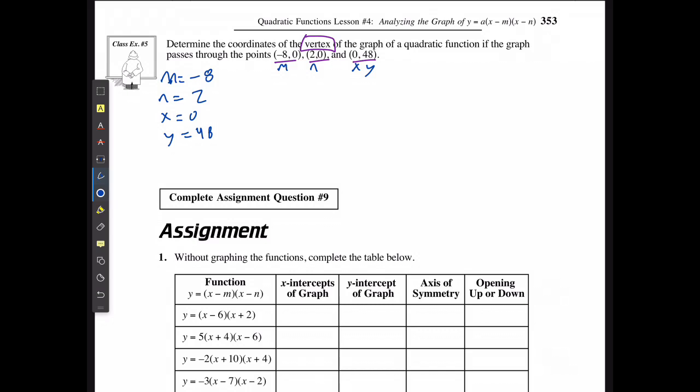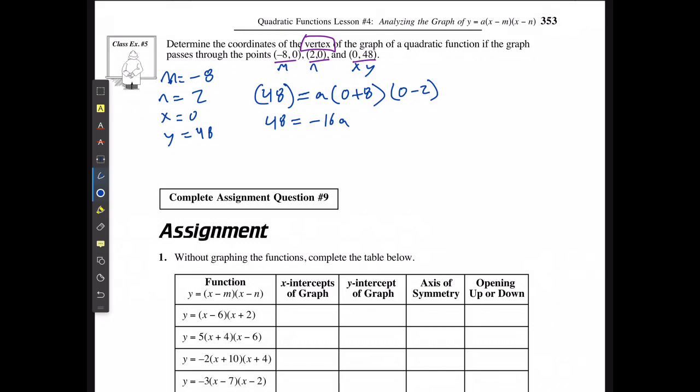then I'm going to state that 48, which is my Y, is equal to A, which I'm solving for, bracket, X is 0, plus 8, and X is 0, minus 2 for my M and my N. Or 48 is going to be equal to 8 times -2, -16a.